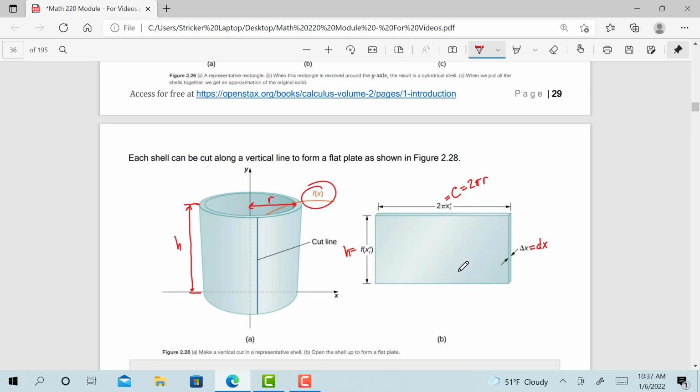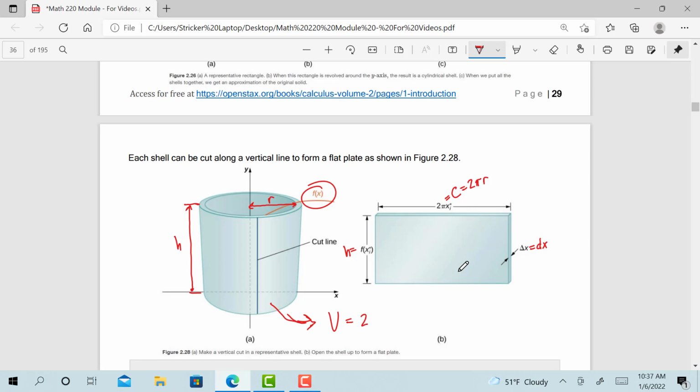Okay, so if you take that together, the volume of one of these would be this dimension times this dimension times this dimension, all three dimensions multiplied together.